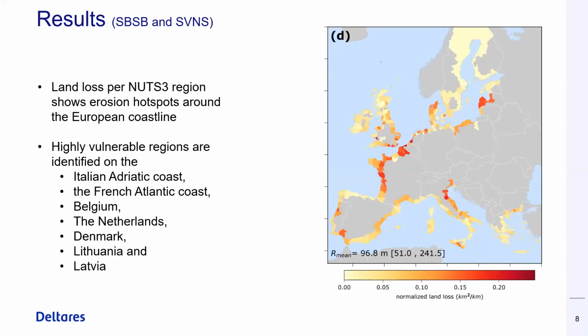Especially, we can spot in this map areas in the Adriatic coast, Lithuania, Latvia, and the North Sea coast, for example, Belgium and the north part of France.